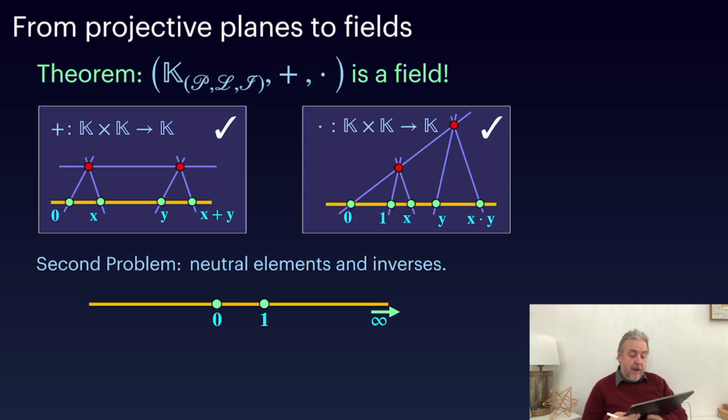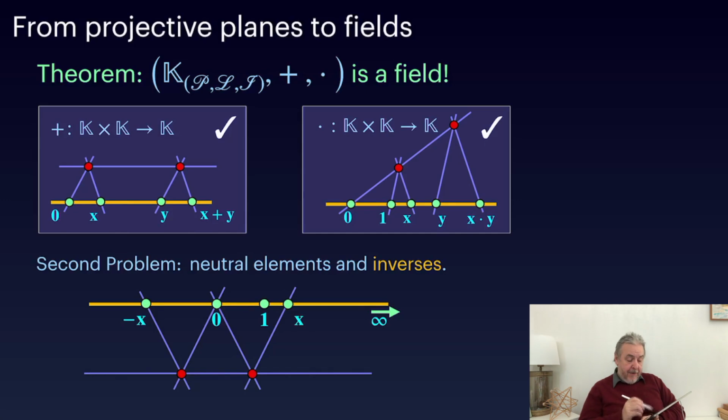How about inverses? Well, you can construct them via reversing the von Staudt construction. I will exemplify that for the case of addition. If you are given a point x, this one here, then the construction for minus x is such that I just construct a point such that these two lines are parallel and these two lines are parallel, and all those incidences that you see in that picture are satisfied.